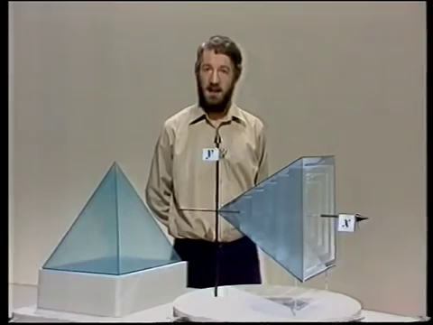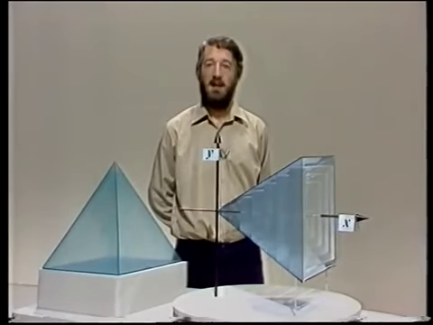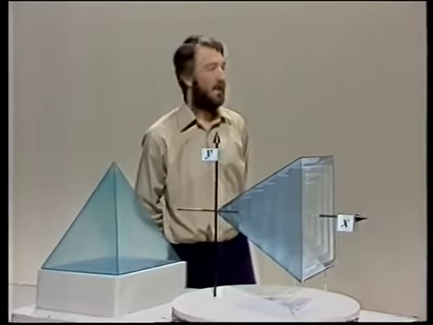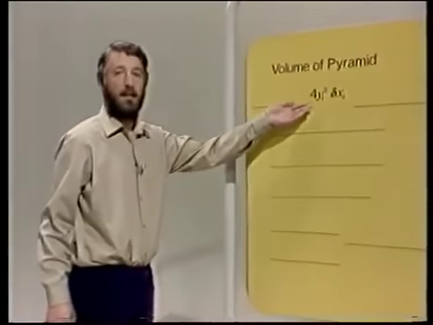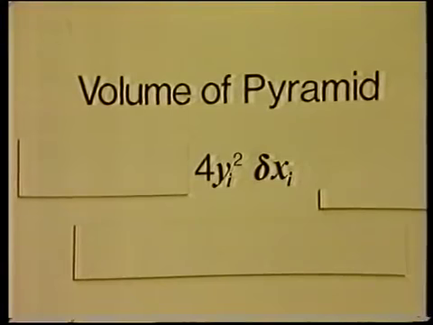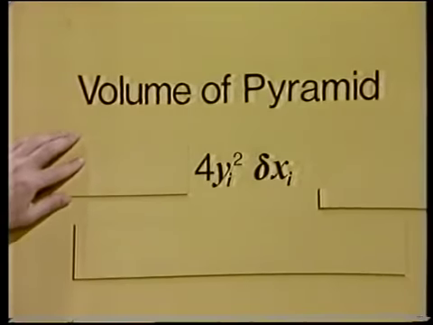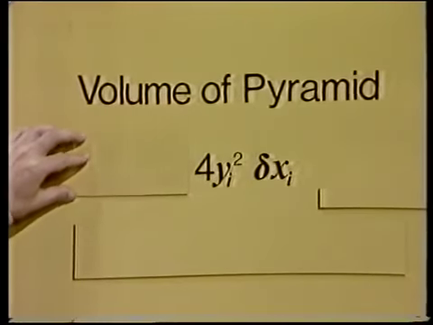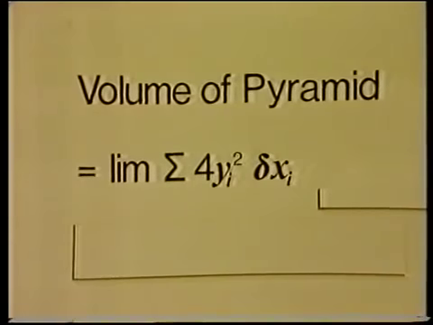So the volume is area 4yi squared times thickness delta xi, and I've written that down here. So to get the volume of the pyramid, we sum over all blocks from 0 to h and take the limit as delta xi tends to 0.